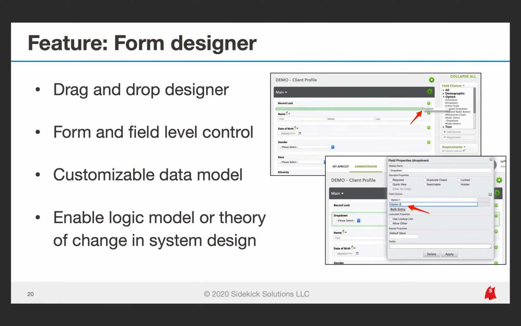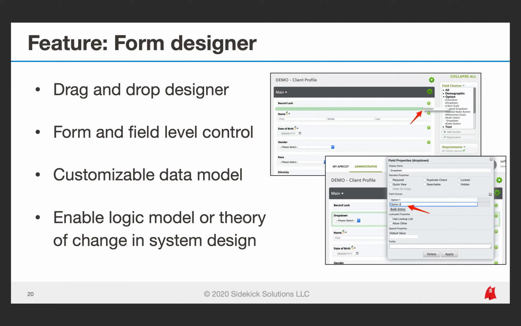First, Apricot gives administrators complete control over the data model, including a drag-and-drop form designer for customizing data entry screens, enforcing conditional data entry logic, and linking data elements within the platform. Whether you're deploying an evidence-based program or practice, or you're modeling your organization's own logic model and theory of change into a data system, you need control over the architecture of the data model.